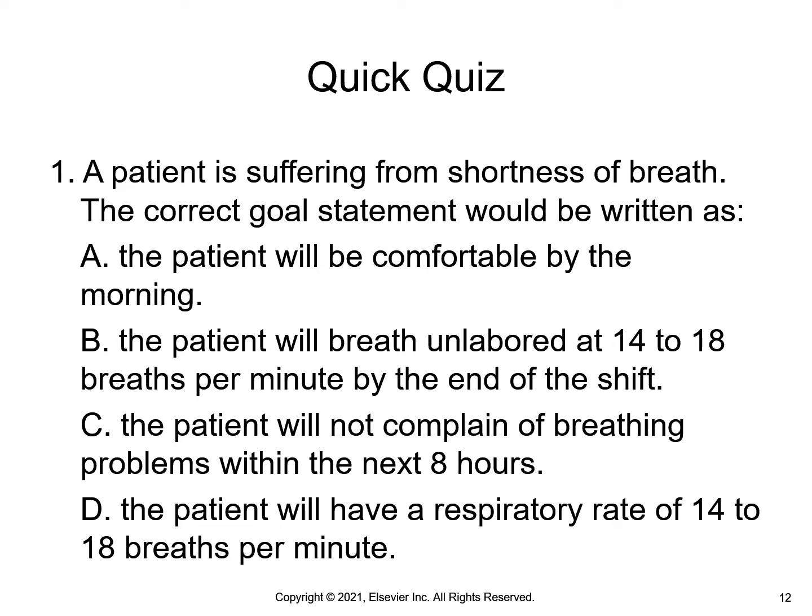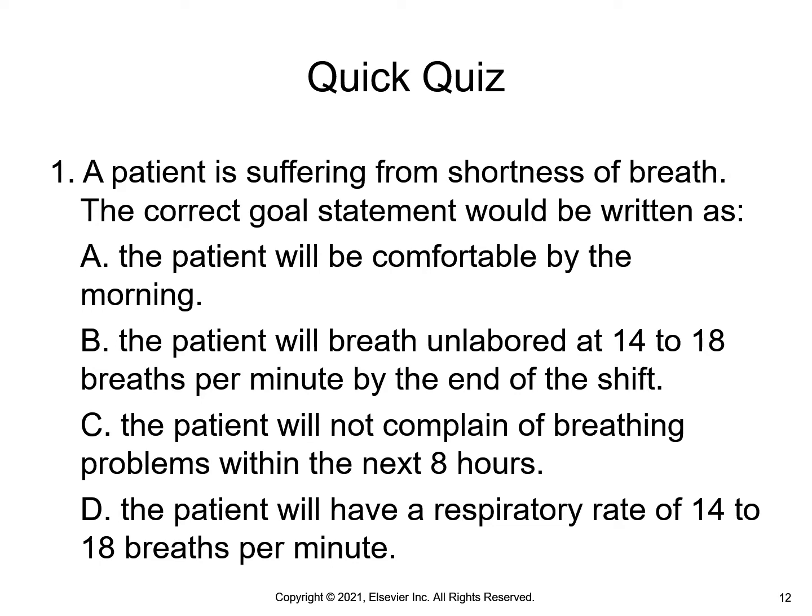A patient is suffering from shortness of breath. The correct goal statement would be written as: A, the patient will be comfortable by the morning. B, the patient will breathe unlabored at 14 to 18 breaths per minute by the end of the shift. C, the patient will not complain of breathing problems within the next 8 hours.